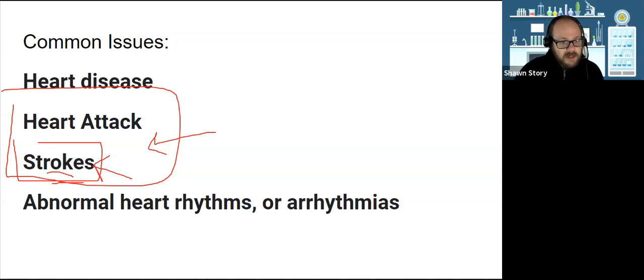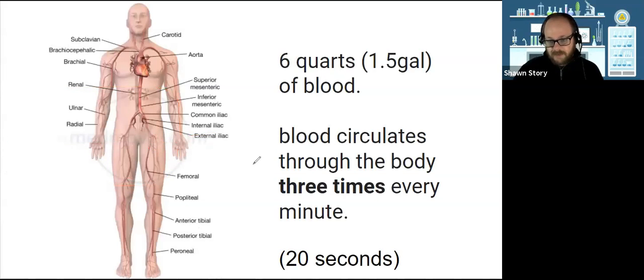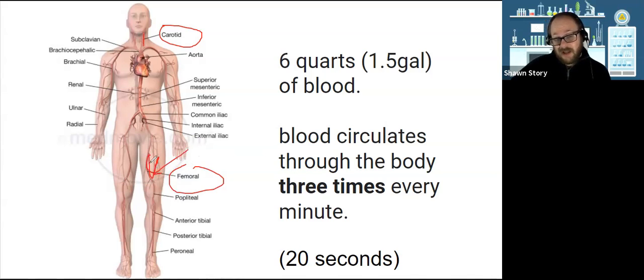Oh, that was one thing we didn't talk about, the different types of arteries. I forgot something. Our main arteries to know of are carotid arteries, the one here in the neck. Our femoral artery is the one here in the leg, because in emergencies and accidents, this is the one to really worry about. It's on the inner thigh, that if someone got into a car accident or something, this one can often get cut.